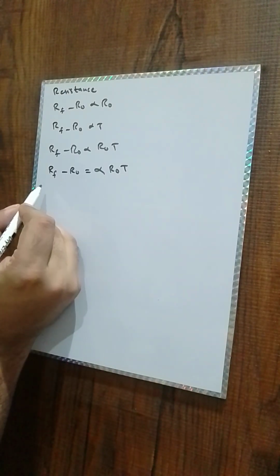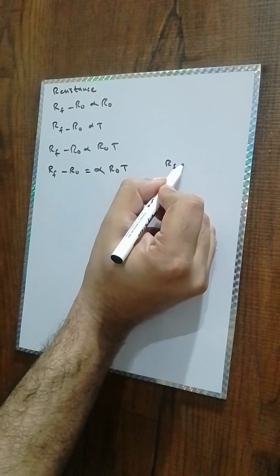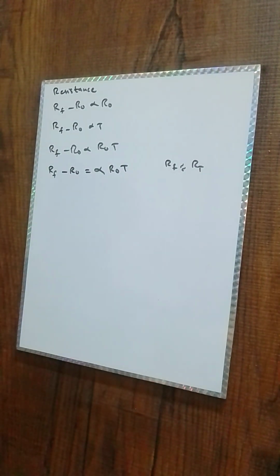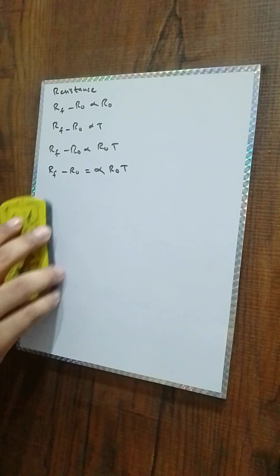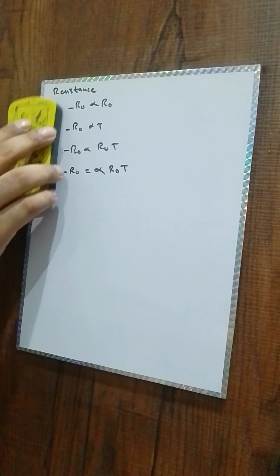So RF or RT can be used interchangeably, because resistance at a certain temperature relative to the standard one is the final in this case. So what we do is we simplify the notations and do something simple here.